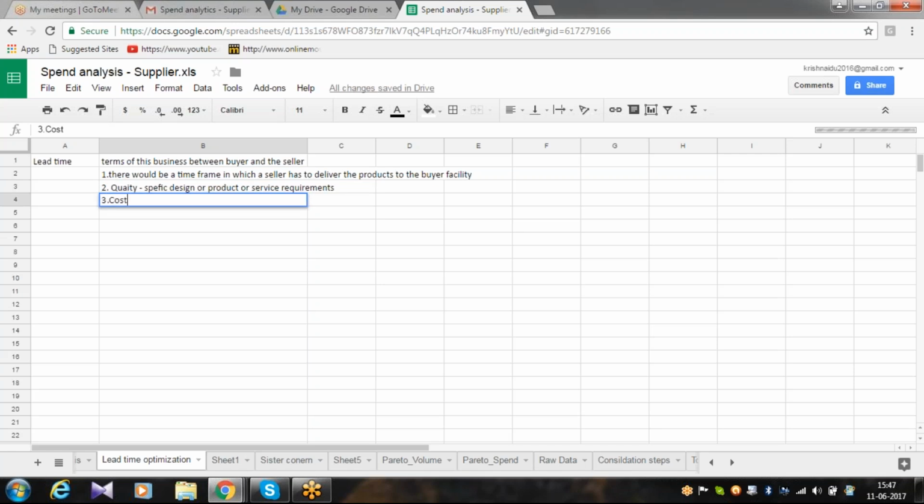Third, costing. Means it is cost of the product. Fourth is transportation, transportation cost and medium. Fifth is AMC, that's called annual maintenance contract.